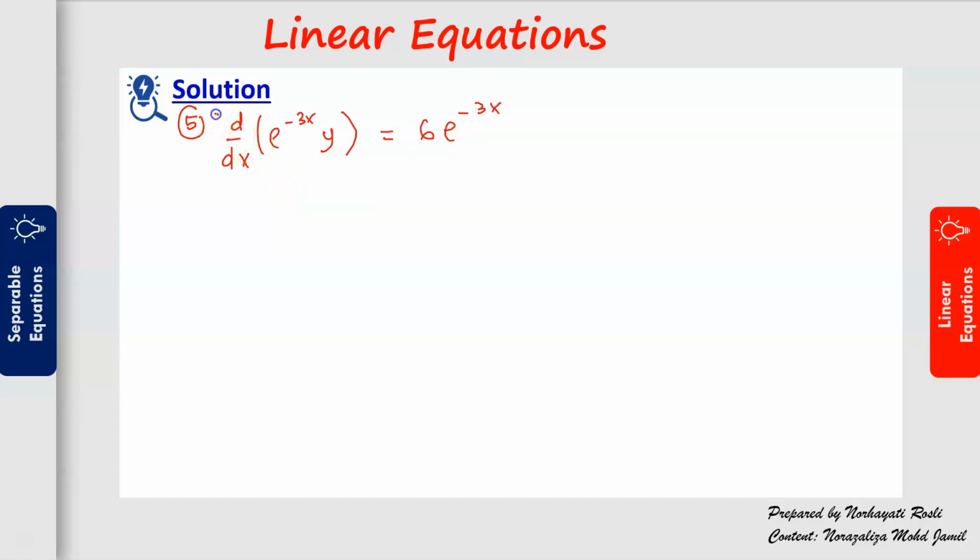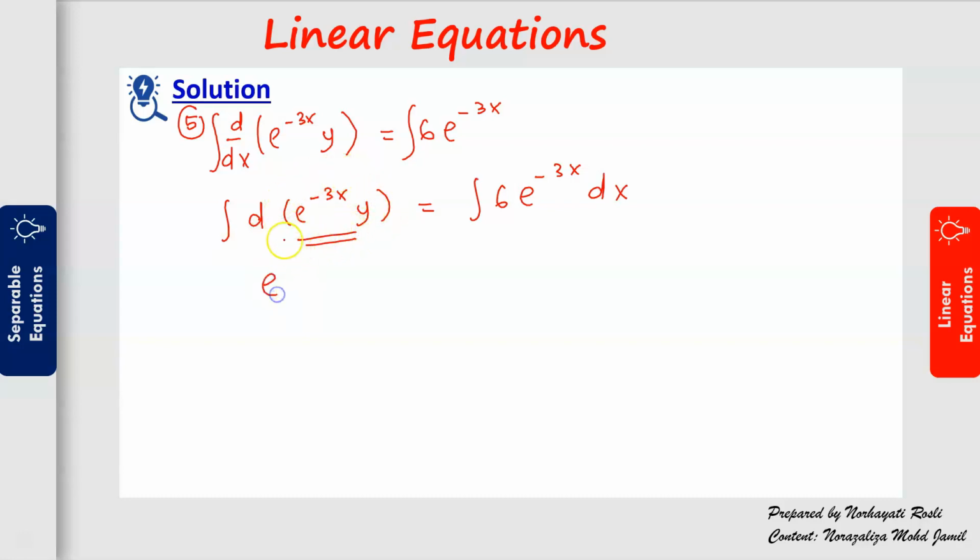So when we integrate this, we'll have the integration of d of exponential negative 3x y equal to the integration of 6 exponential negative 3x dx. And solving this one, since this is integrate and differentiate, you will get this bracket as your solution.